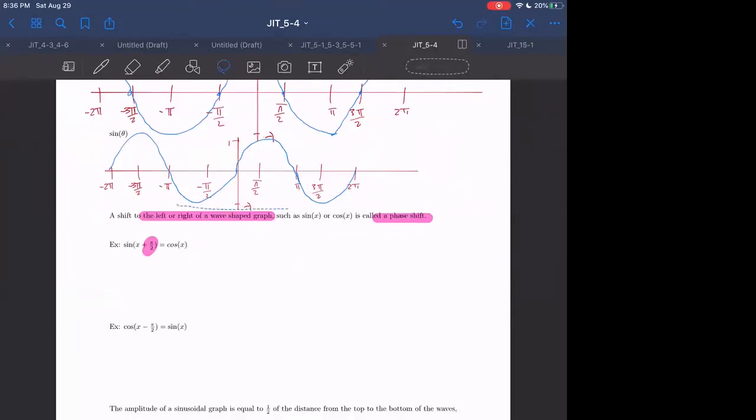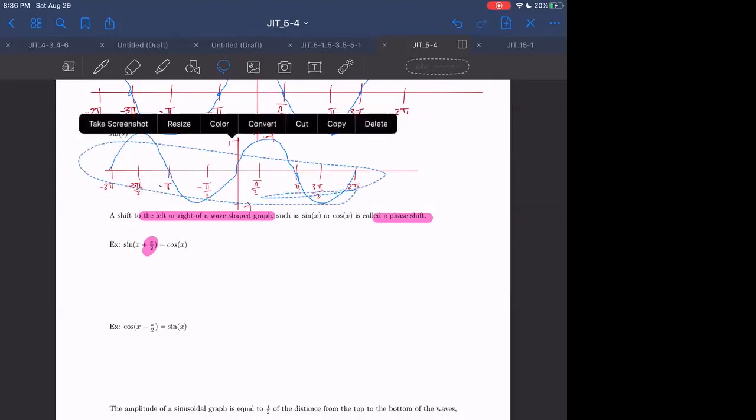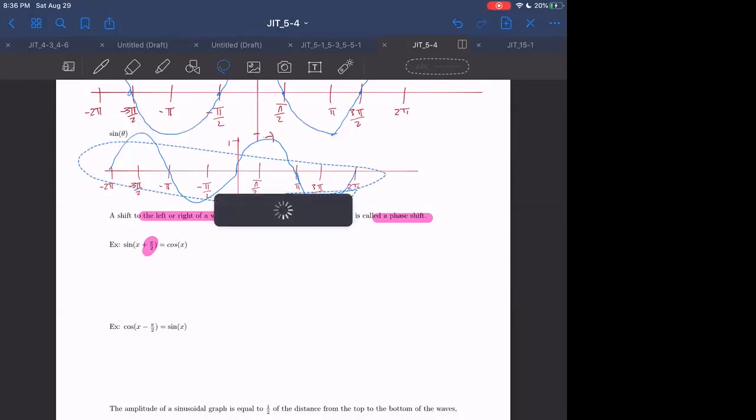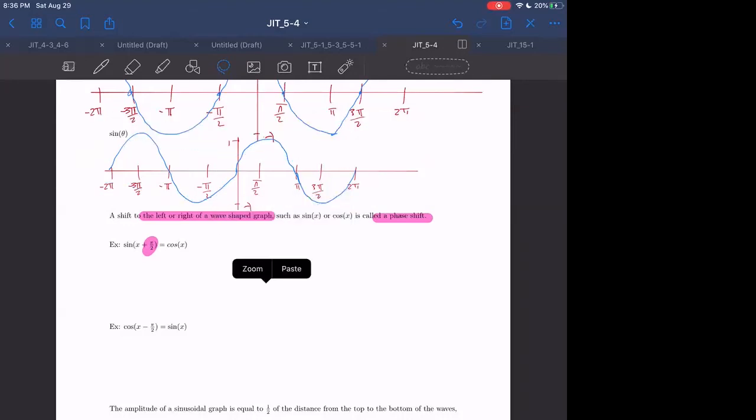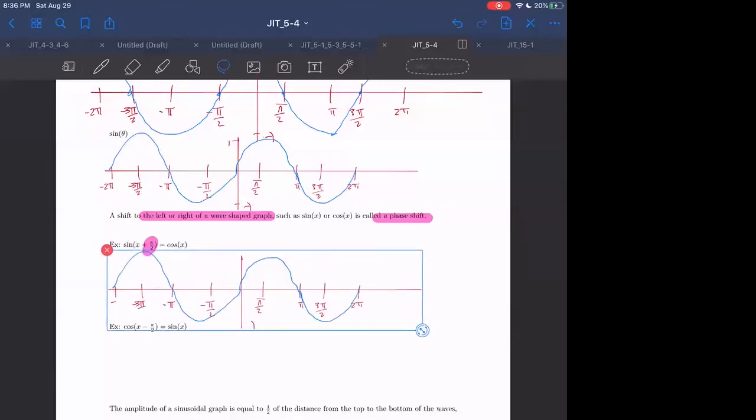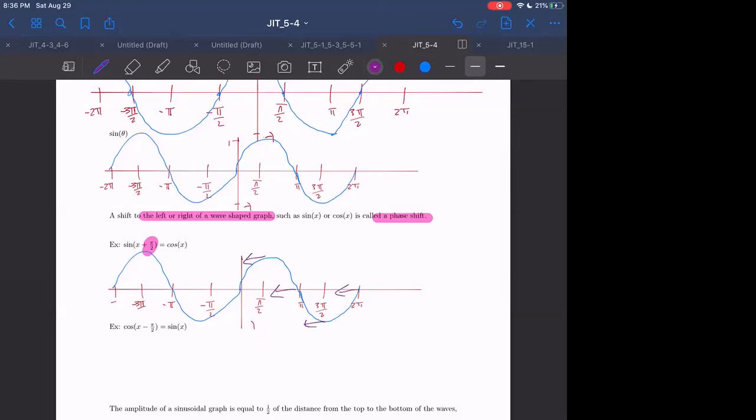So if I take my sine graph, and I take every point, and I'm going to shift it to the left pi over 2, which on my graph just means over 1 unit.